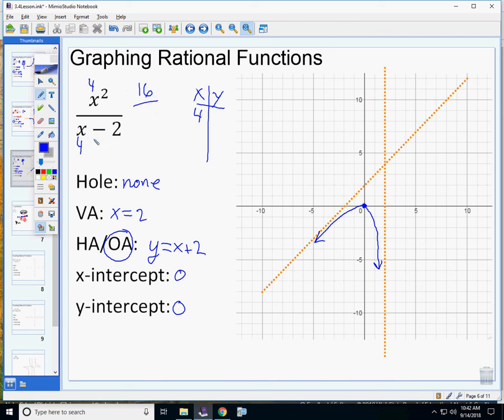On the bottom we get 4 minus 2, which is 2. And 16 divided by 2 is 8. So I plugged in a 4, I got an answer of 8. So you can see that it is up here in this top right corner. So you can draw your lines going through the dot close to the asymptote. There's your graph for this function.